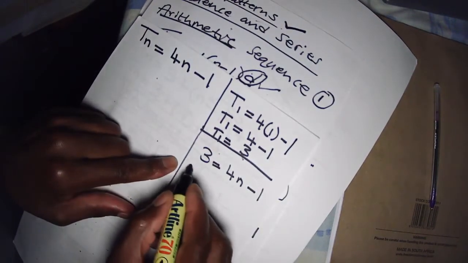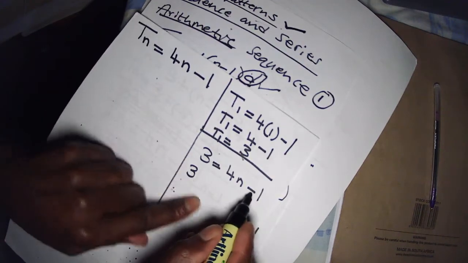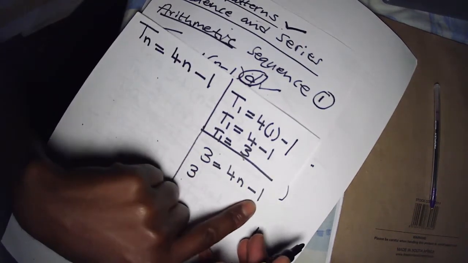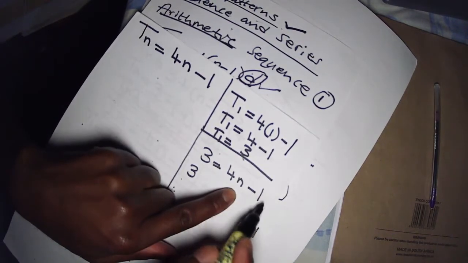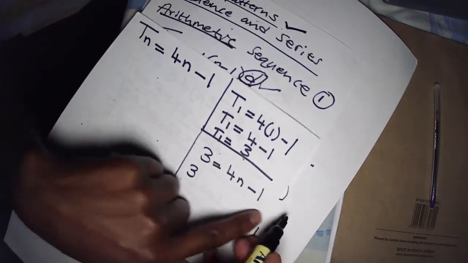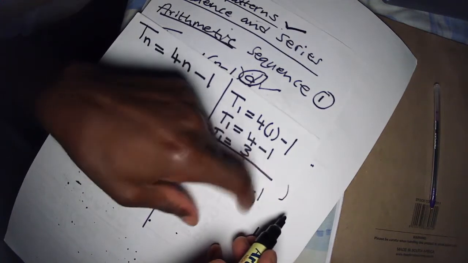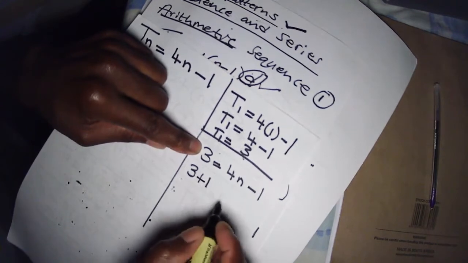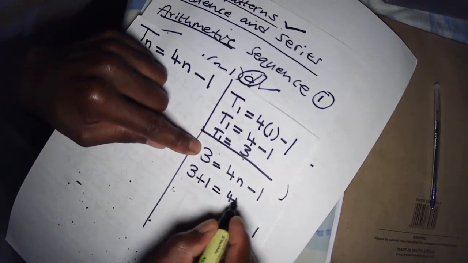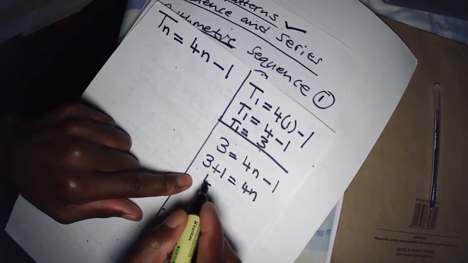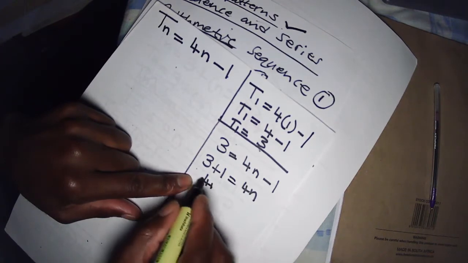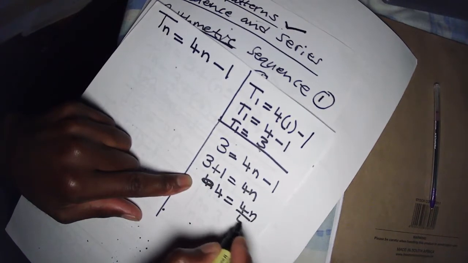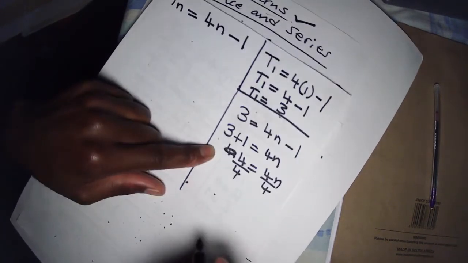Okay, so let's do the math. We add 1 on both sides, since it's negative. Or you transpose this negative to this side of the equal sign. You're going to get it as a positive. So this is 4 is equal to 4n. We divide by 4 on both sides, right?